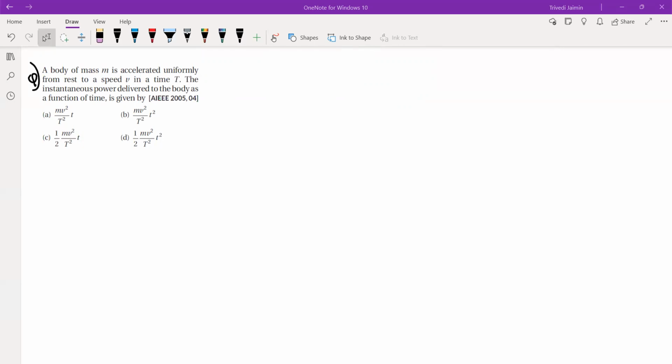They want instantaneous power. So the instantaneous power formula is force into velocity. So find force, find velocity, and substitute that. Finish. Option A, B, C, D. Which option?